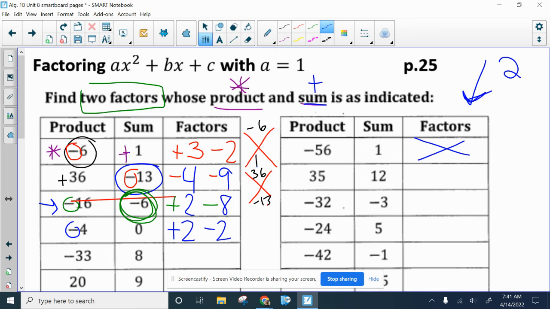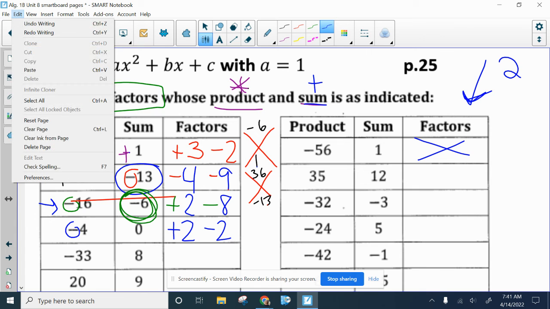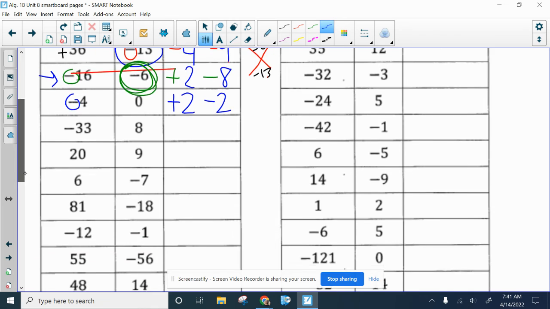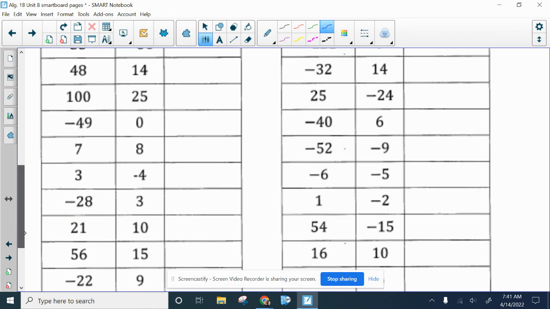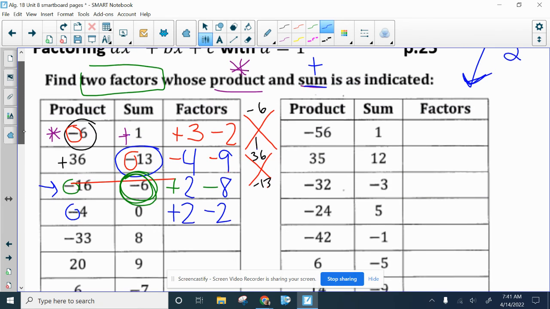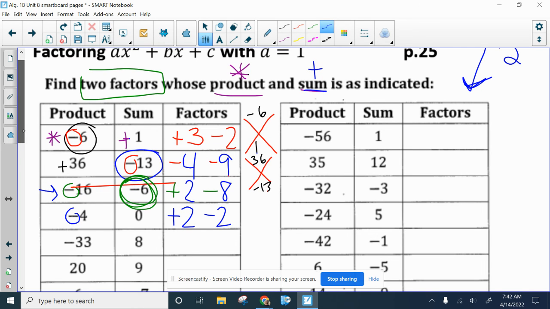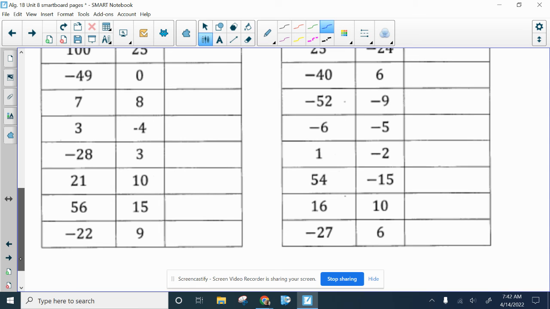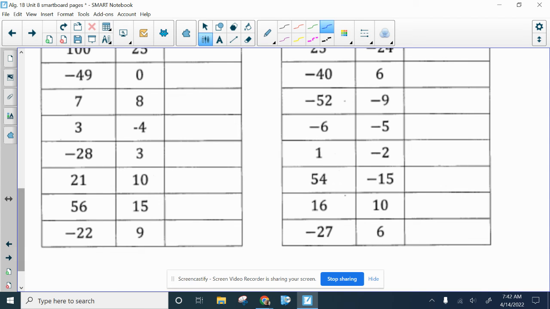I'm going to erase that so you don't think that's one of them. Use your yellow sheet. Ask questions of the teacher if you need some help or guidance. When you are done, raise your hand to have the teacher check it. For ones that are incorrect, I'd like you to go back and check.